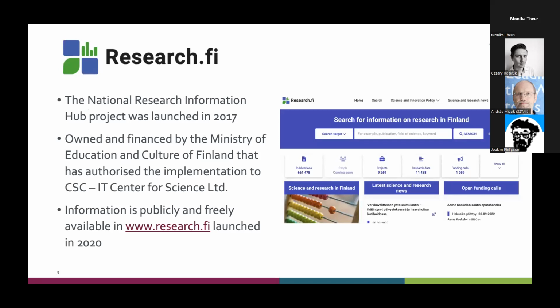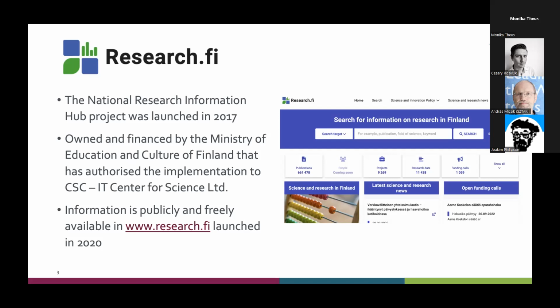But briefly on the service, what research.fi really is. This is something that has been developed for some time now. But basically we are looking at the national research information hub. So a place or data warehouse of research information that integrates local institutional systems.